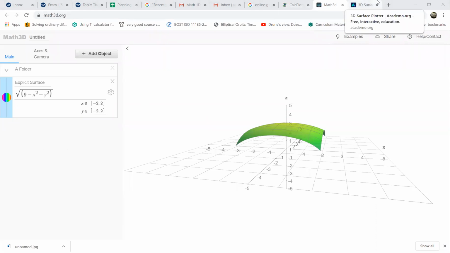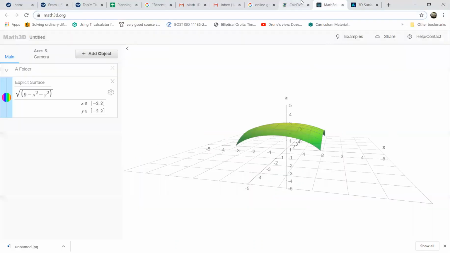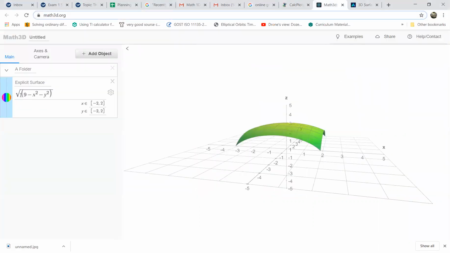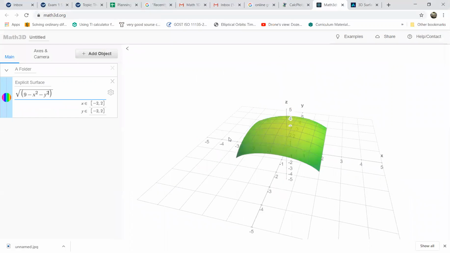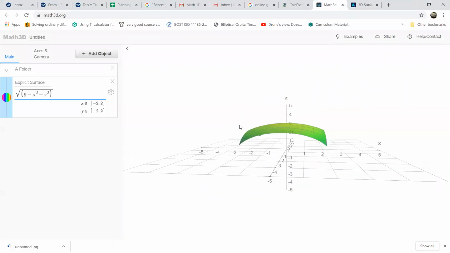You can use this online graphing calculator, which is very good, or this one, or this one. There are many of them. So for example, you can graph the function square root of 9 minus x squared minus y squared. As you can see here, you have a surface in three-dimensional space.